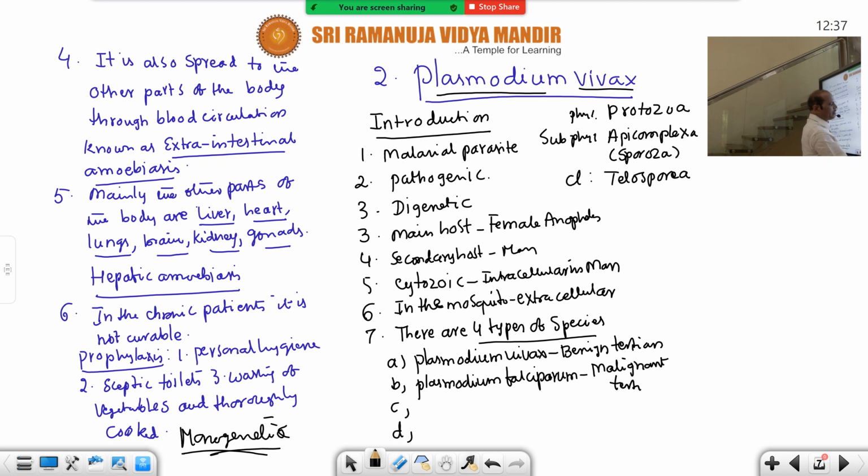Malignant tertian malaria is caused by Plasmodium falciparum. And Plasmodium ovale, the third species, causes mild tertian fever, not that much severity. So all these three have the suffix tertian.